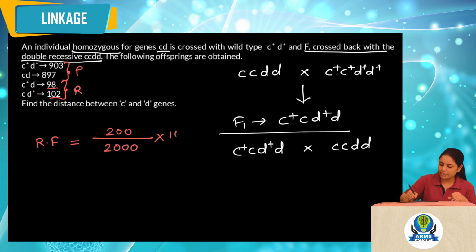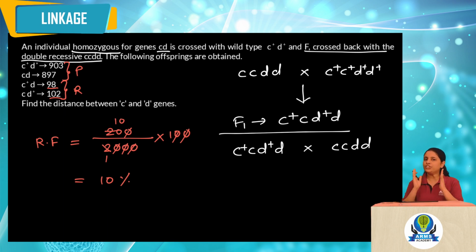Into 100, because we represent recombination frequency in percentage. Now calculate this. We get 10. What is the percentage? 10%. Now, the value of recombination frequency will give you directly the distance between the 2 genes.